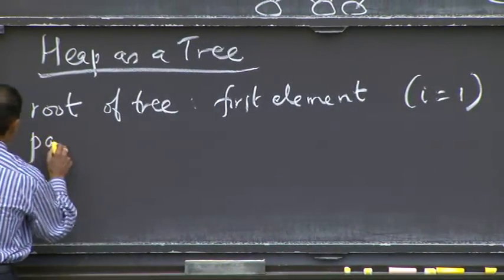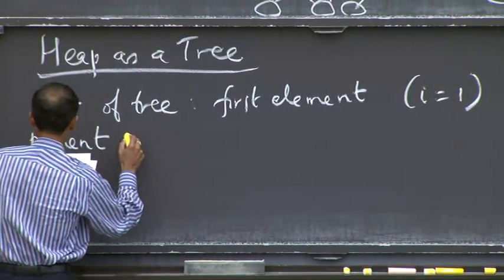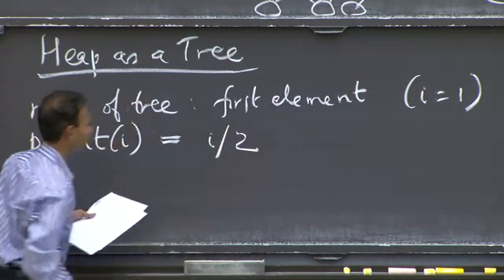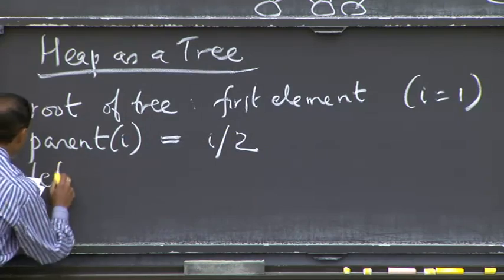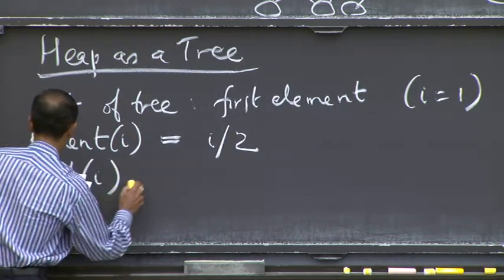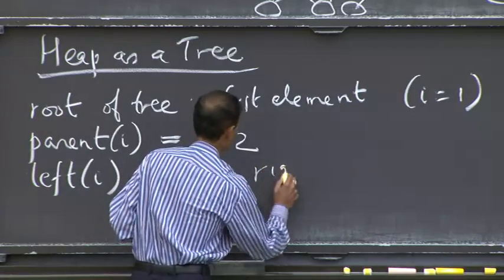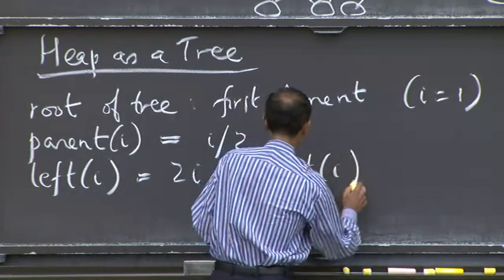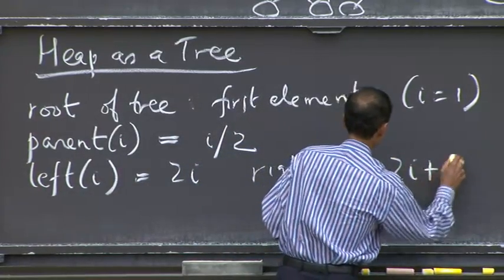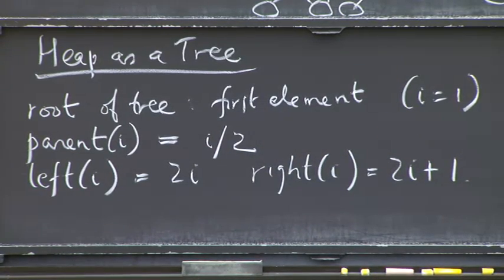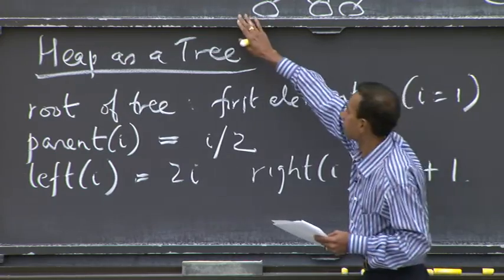The parent of i is i over 2. The left child of i is 2i, and the right child of i is 2i plus 1. All right? So that's essentially what this mapping corresponds to.